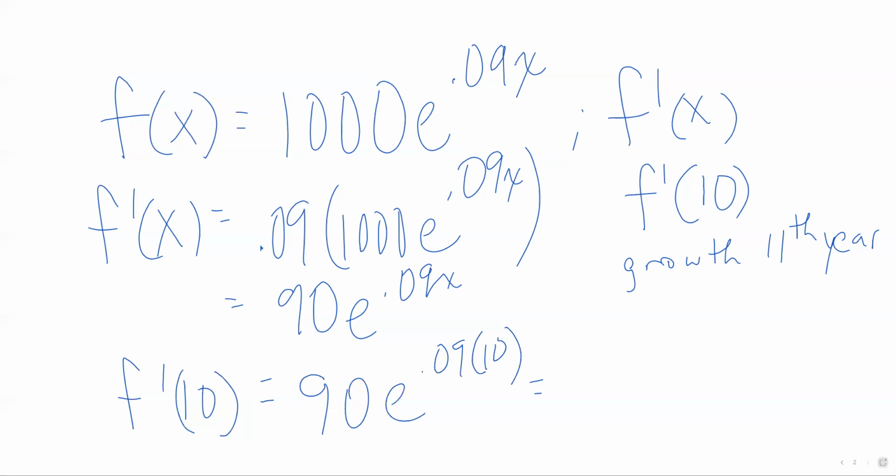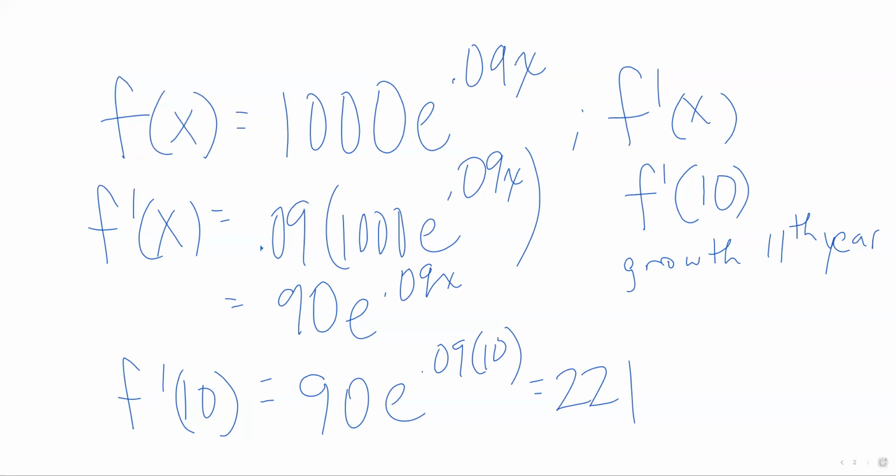I'll put that in the calculator. And what's going to happen is in the calculator, I'm going to get $221. You'll find out that that actually represents the growth of this particular bank account in the 11th year. So that was an example of an exponential.